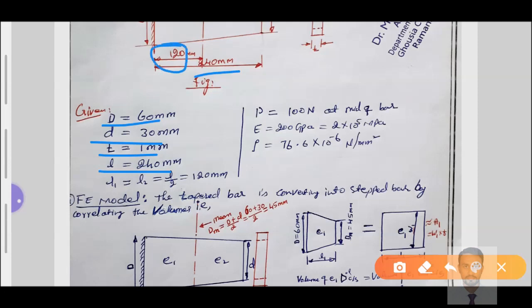The half element we are considering as element number 1, and the other half element as element number 2. L1 is equal to L2 is equal to L by 2, 120 millimeter with respect to the mid axis. Load has been applied at the midpoint of the bar element, that is 100 Newton at the mid, and Young's modulus E is equal to 200 gigapascal, which is equal to 2 into 10 to the power of 5 megapascal.